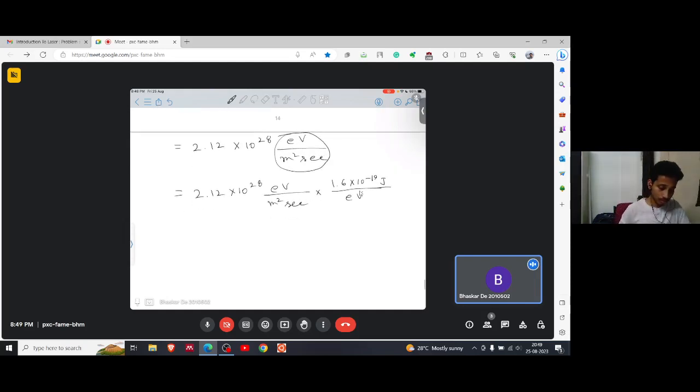So we'll multiply that and we'll have 3.39 into 10 to the 9 joule per meter square second, which will be 3.39 into 10 to the 9 watt per meter square. So this is the saturation intensity.